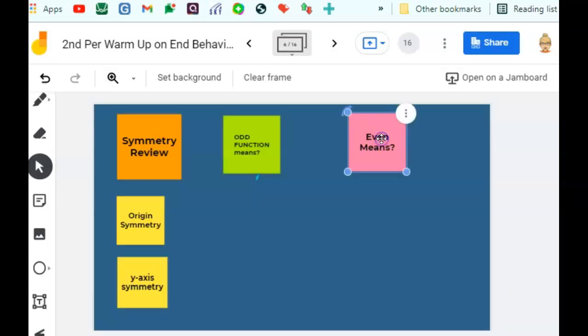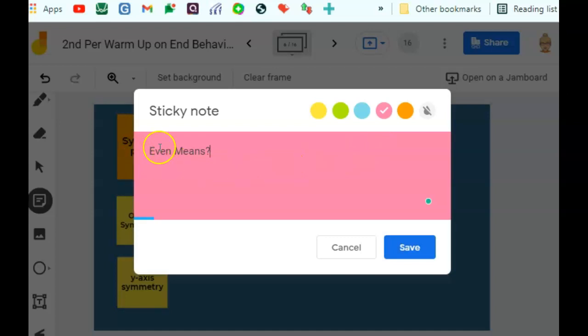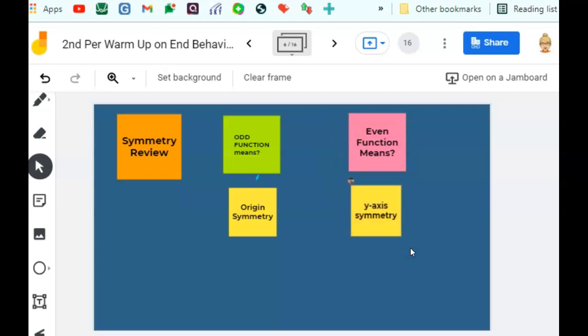Odd function means what? Somebody drag one of those sticky notes over. So which of those sticky notes means odd means origin symmetry and even means y-axis symmetry? We good? Okay.